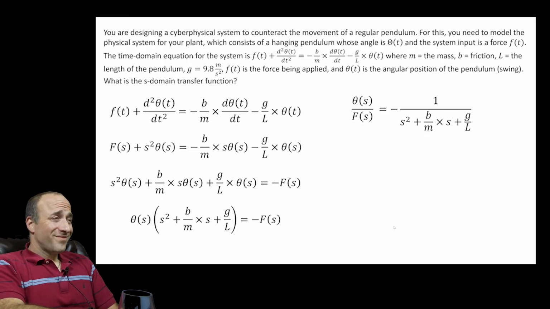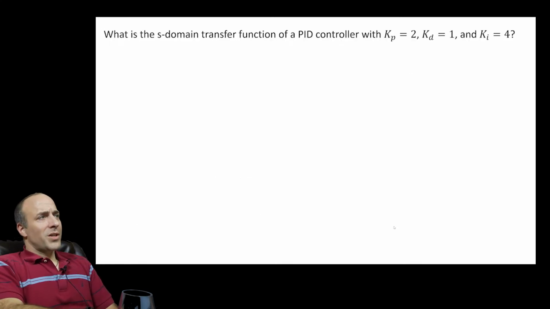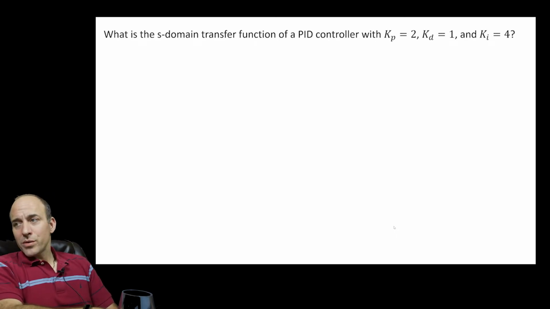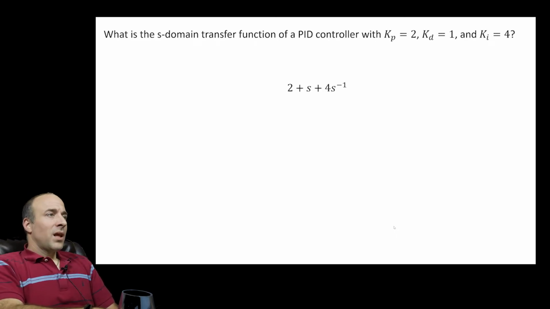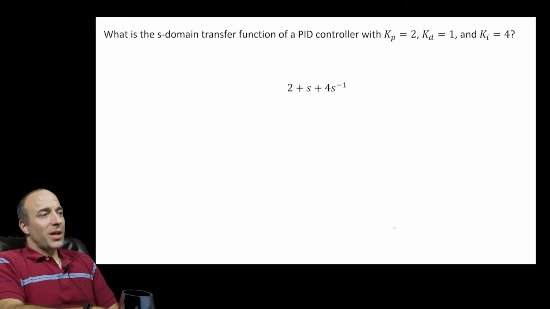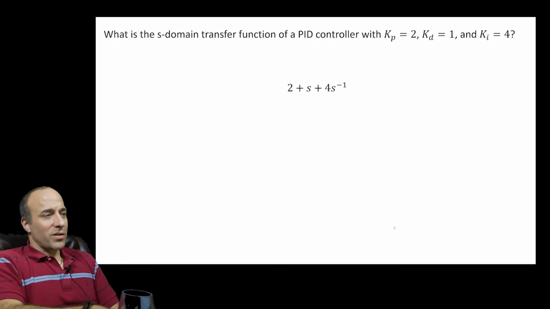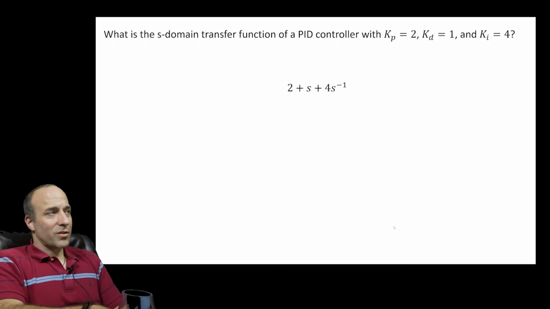Okay, what is the S-domain transfer function of the PID controller with Kp equals 2, Kd equals 1, and Ki equals 4? 2 proportional by itself, plus Kd s, it's a derivative, in this case just s, plus 4 over s, Ki over s, which gives us 4 over s, or 4s to the negative first power.